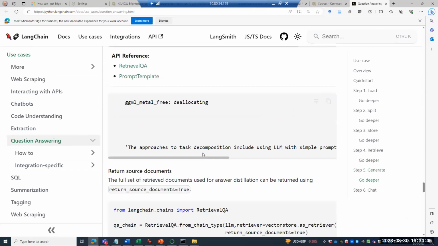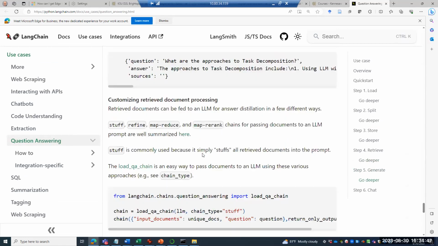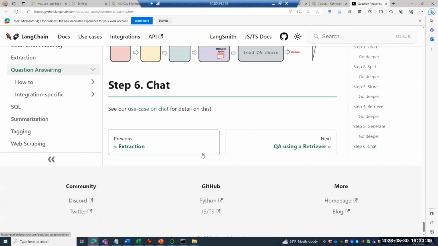The last part, which I'm not going to go into, is chat. In the chat version, you may have a conversation. For example, you ask a question, you get an answer, and then you ask based on the answer. How is that possible? The system will remember your past questions and answers. So chatting is that part.